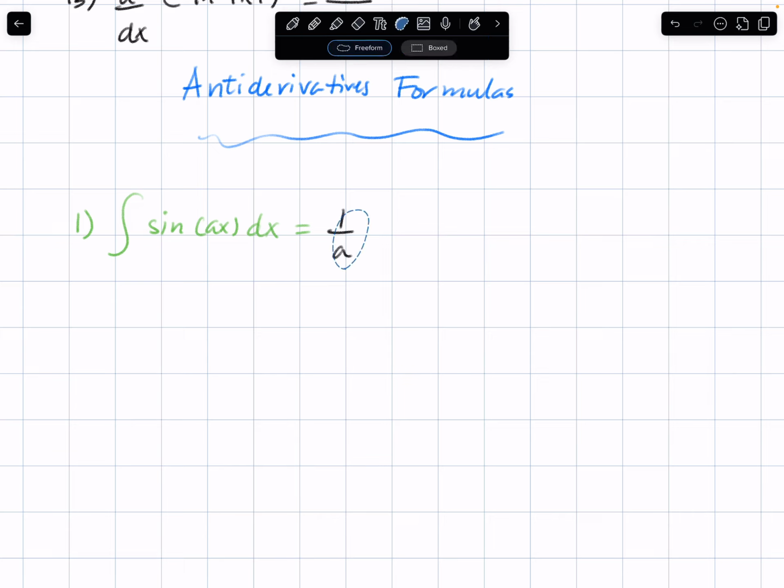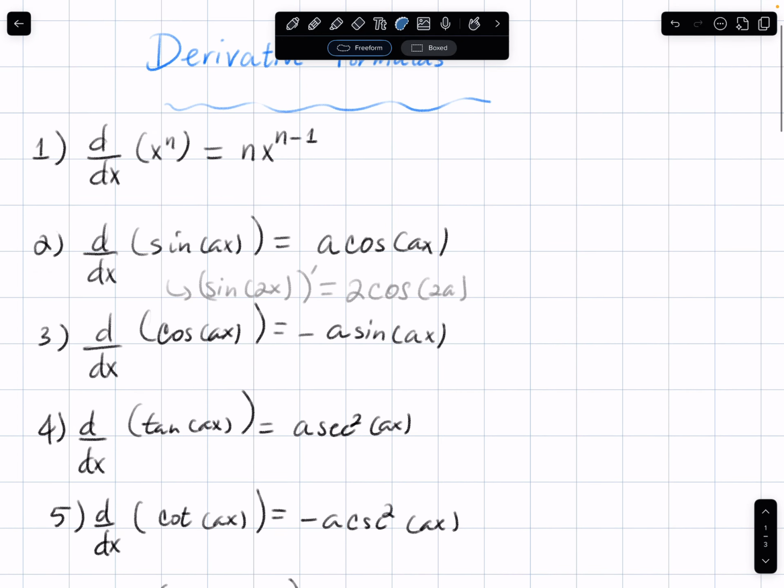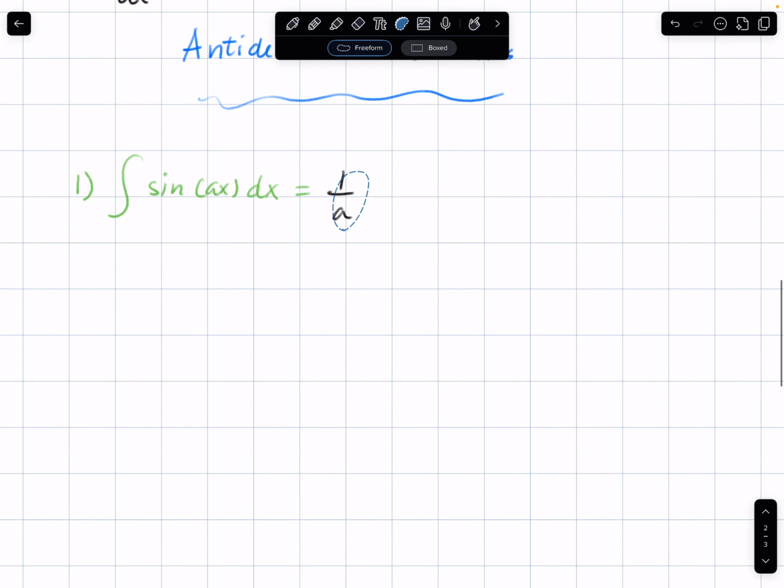For the antiderivative, if you have sine right here, it's a positive sign, but for the integral, you have to use a negative sign right here. And then it becomes cosine of ax plus constant c.